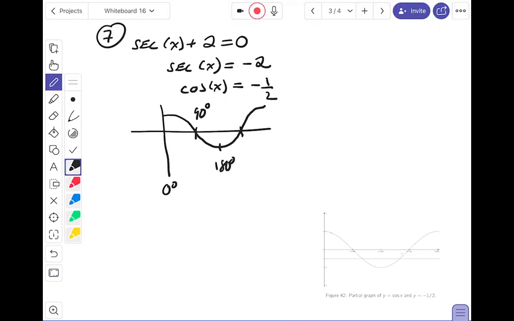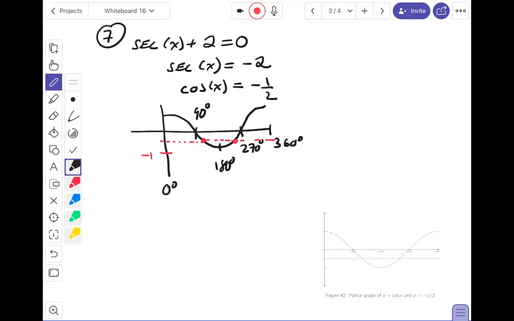Most students are much more familiar with degree measure, and so therefore it might be a good idea to put this down. So I'm going to put minus half down. This is minus 1/2 over here. It hits there. Okay, so what do I have to do here? Reference triangle. I want to point out before I do that, though, the first hit is between 90 and 180 degrees, and the second hit is between 180 degrees and 270.